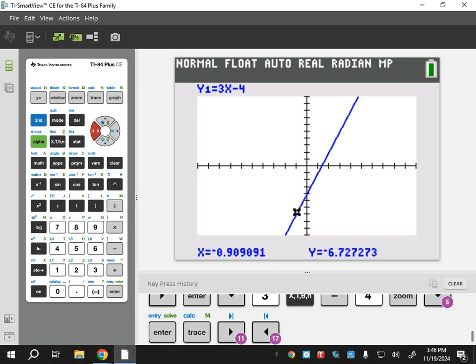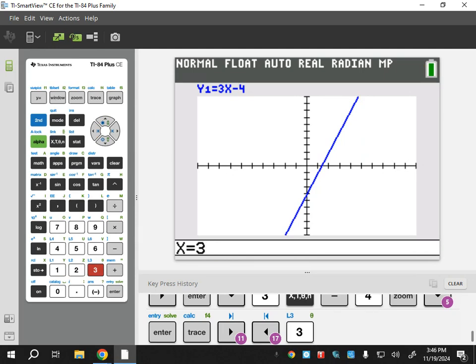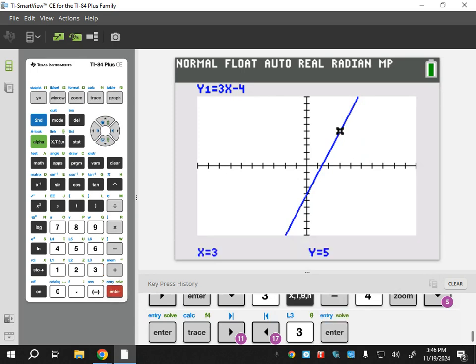If there's a specific point I'm looking for, like let's say I want to know what the y value is when x is 3, I can just push 3, and now it's asking, you want to know what the coordinates are when x equals 3. I push enter, and it'll tell me and show me on the graph. That only works when we're inputting an x coordinate. I can't input a y coordinate.